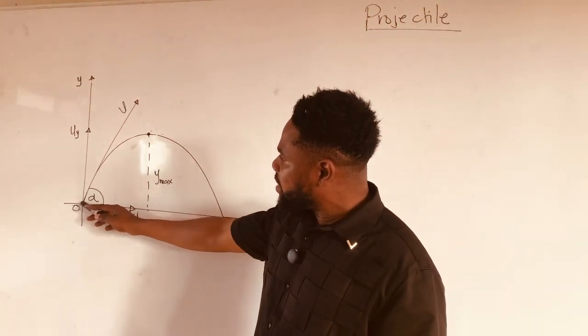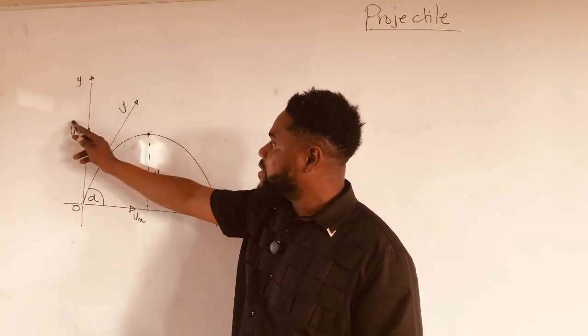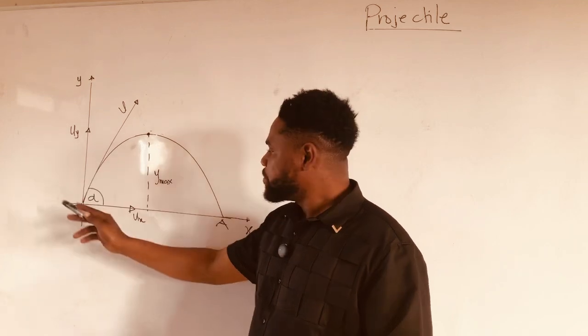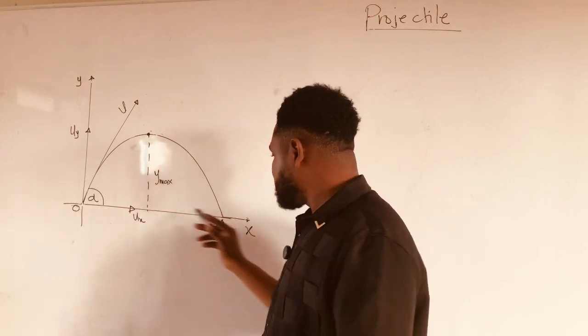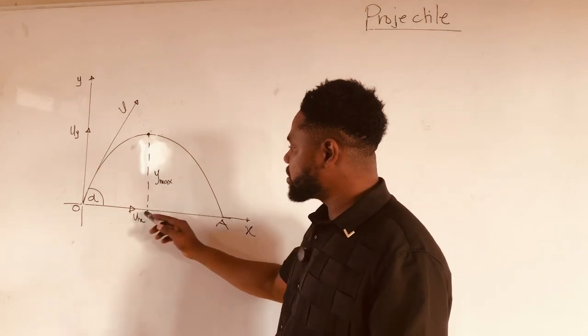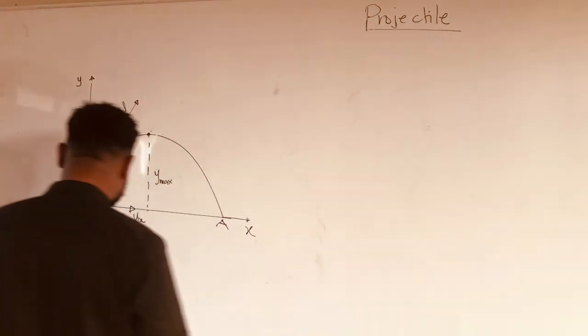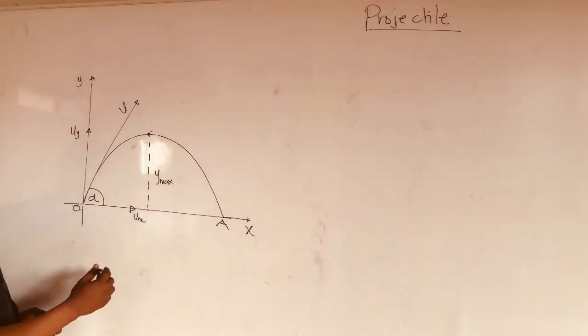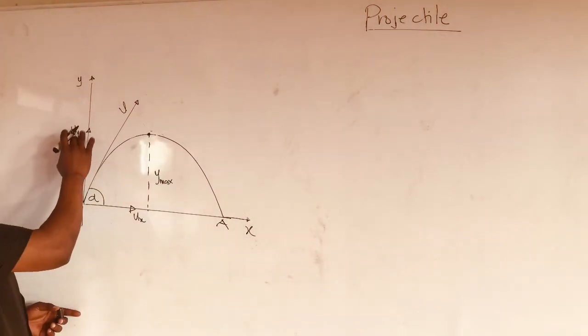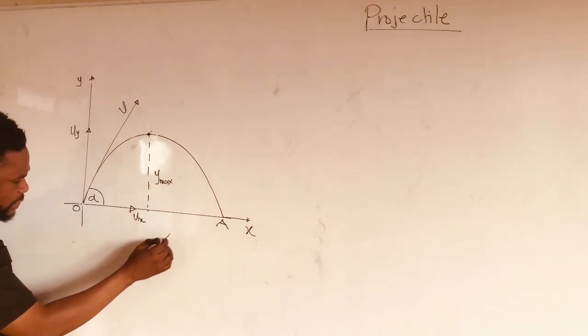Now if we take the initial velocity in the vertical direction as uy and the initial velocity in the horizontal direction as ux, what can we say? Now we can say that in resolving the vertical and the horizontal, let us consider this.